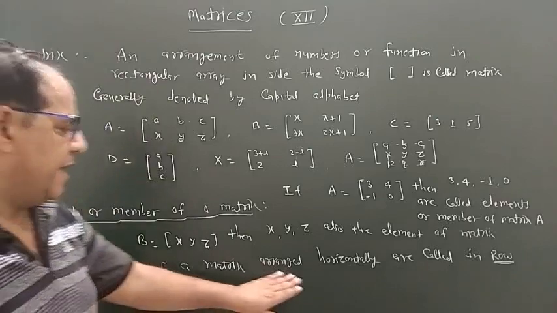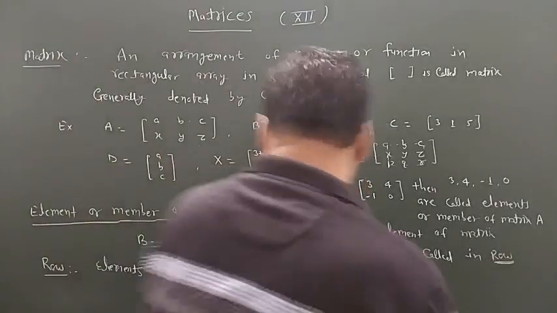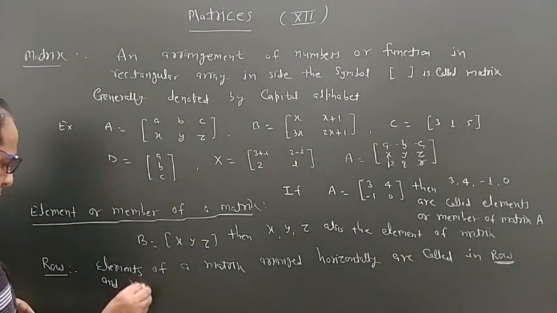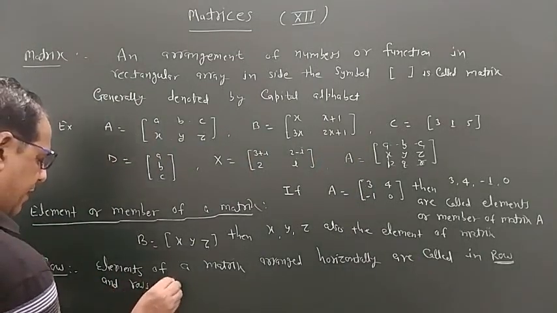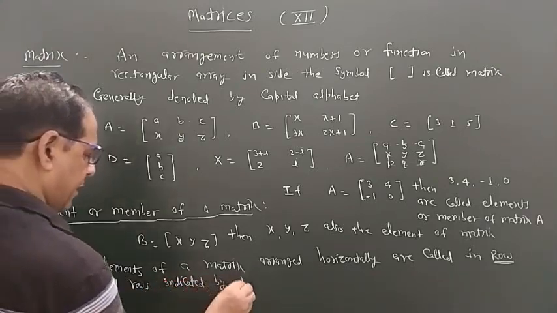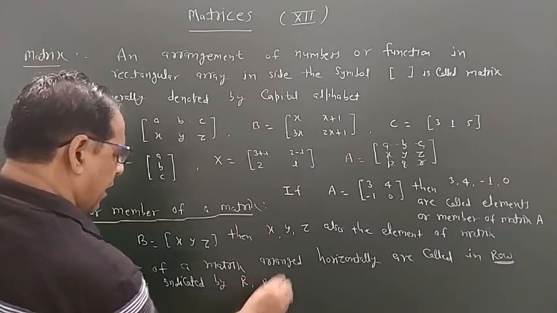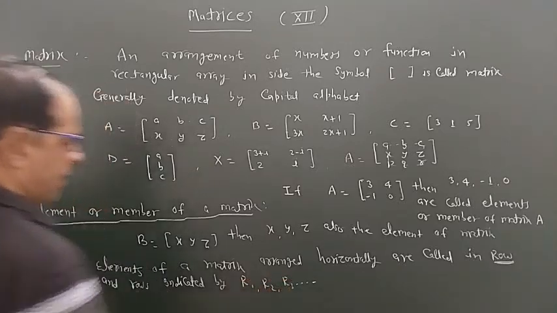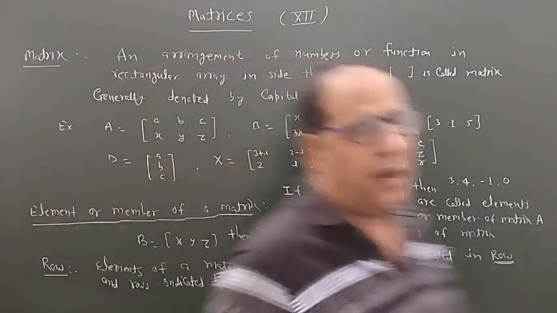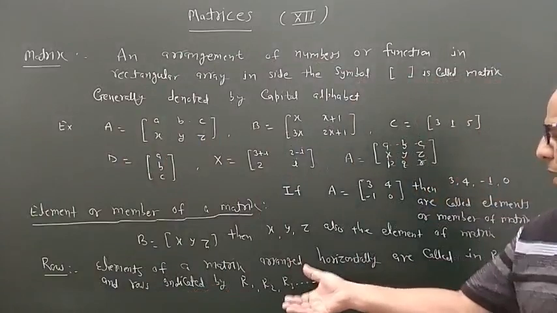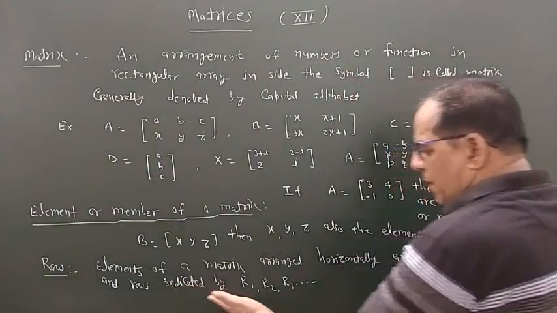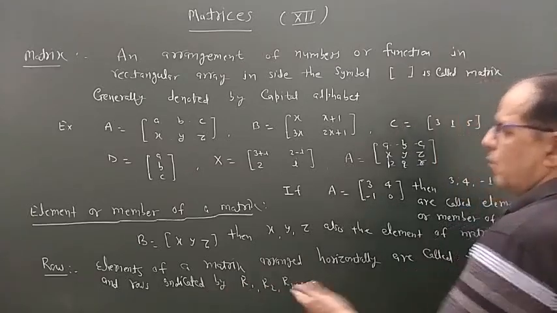Elements of a matrix arranged horizontally are called a row, and rows are indicated by capital R1, R2, R3, etc.